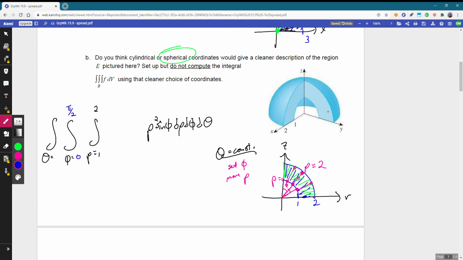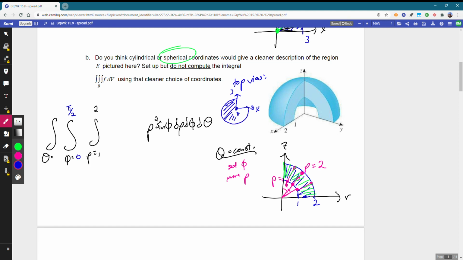Theta, our boundaries, come from our 3D picture over here. And I think at this point it might be helpful to look at a top view of this thing. We look at a top view, so the z-axis is kind of staring at us, and x and y are looking like this. It's connected to the y-axis and then swings around, kind of like this.